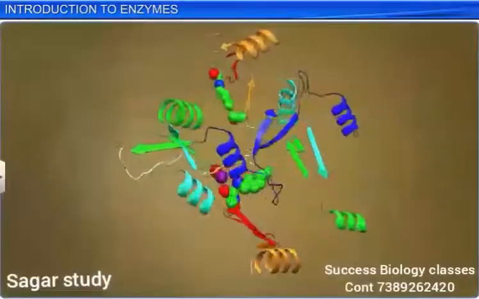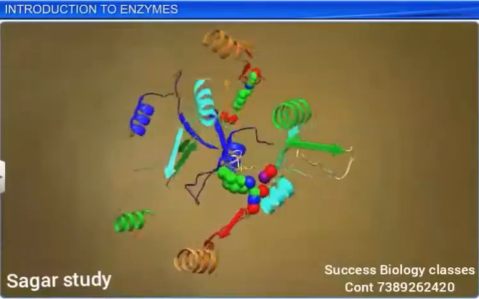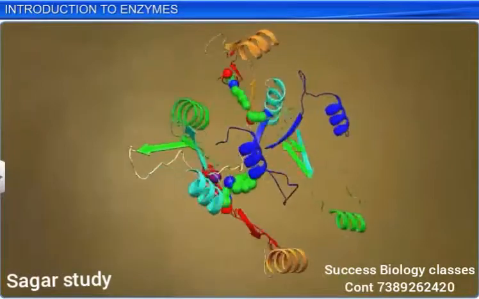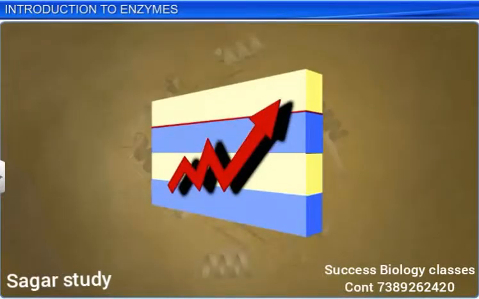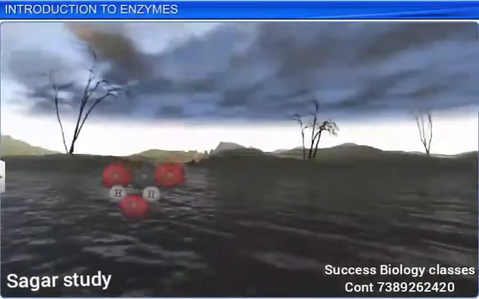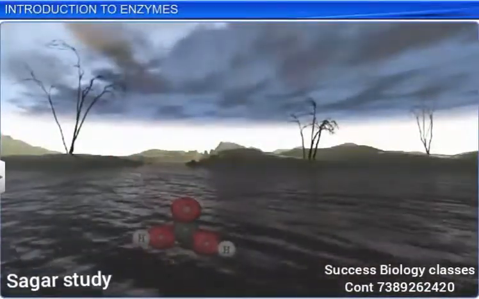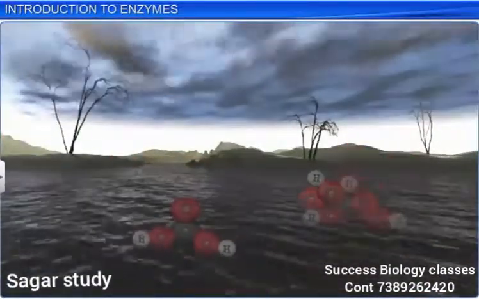A catalyst greatly influences the rate of a reaction. Hence, the rate of enzyme-catalyzed reactions is significantly higher than uncatalyzed reactions. Consider the example of a reaction where carbon dioxide and water react to form carbonic acid.